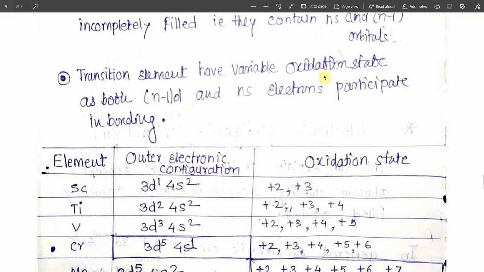The transition elements have variable oxidation states as both n-1 d and ns electrons participate in bonding.